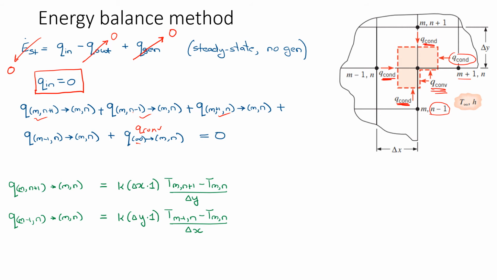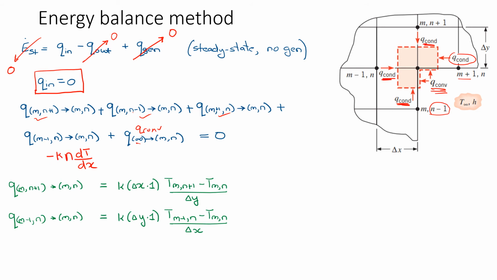So how will your Q from m comma n plus 1 to m comma n look? How will the conduction look? We just apply the approximate form of Fourier's law. Our Fourier's law is minus k times dT by dx, and because we are not looking at heat fluxes, we are looking at a heat rate, we'll have to include the area as well.